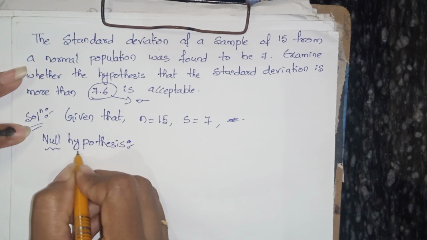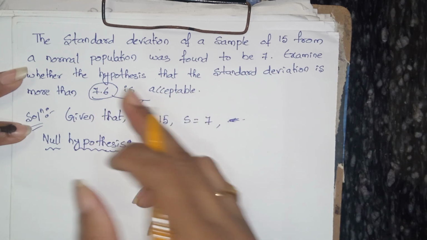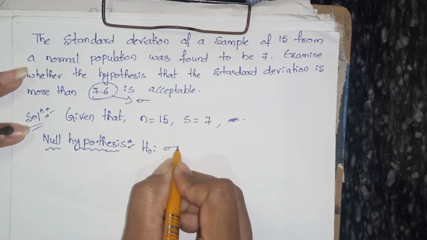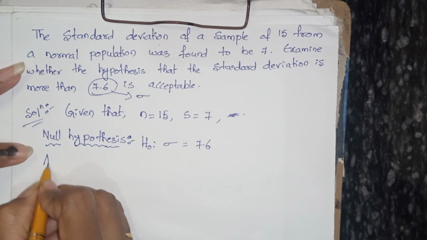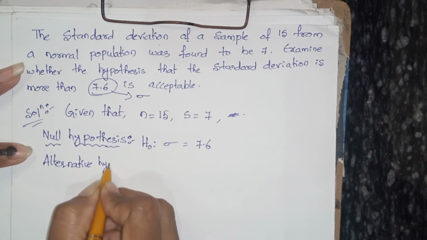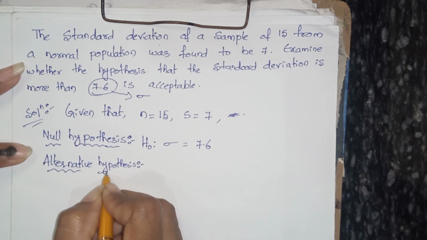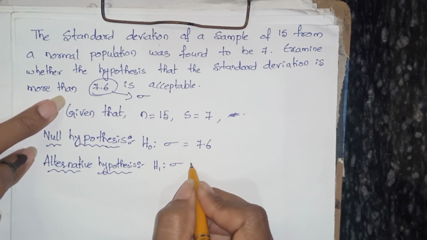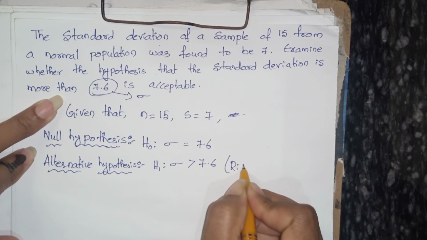They told us the standard deviation is more than 7.6, so first we write H naught: sigma equals 7.6. In the alternative hypothesis, denoted with H1, sigma is greater than 7.6. That means here we have to use the right tail.